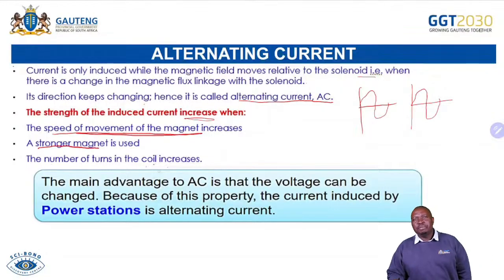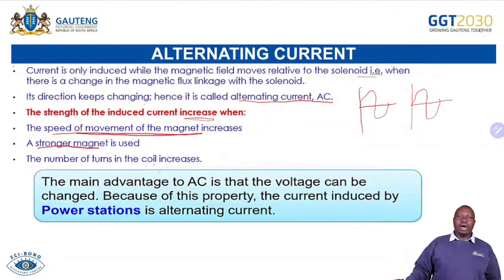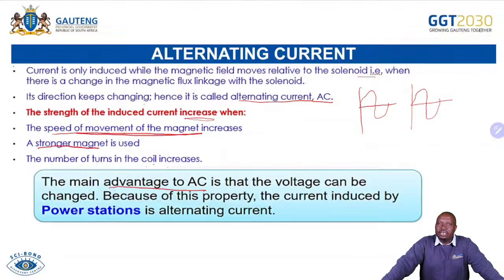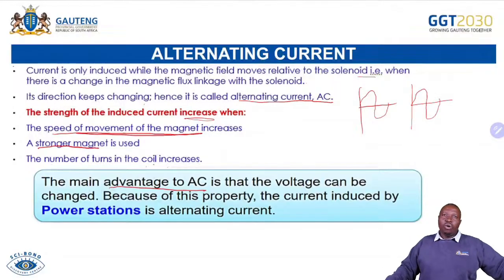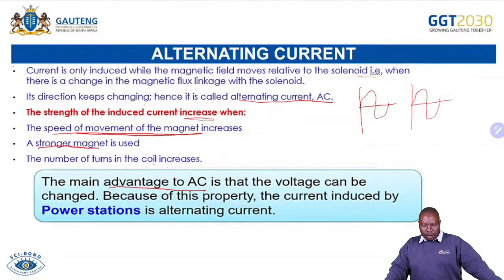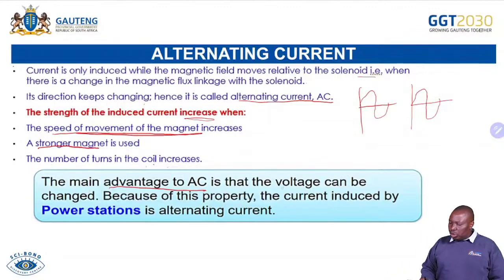And remember at the beginning of this lesson, I indicated one of the objectives was to find the advantages. Why do we use AC over DC? Why is the electricity that we are using at our homes transmitted as AC, not DC? The advantage is that the voltage can be changed.